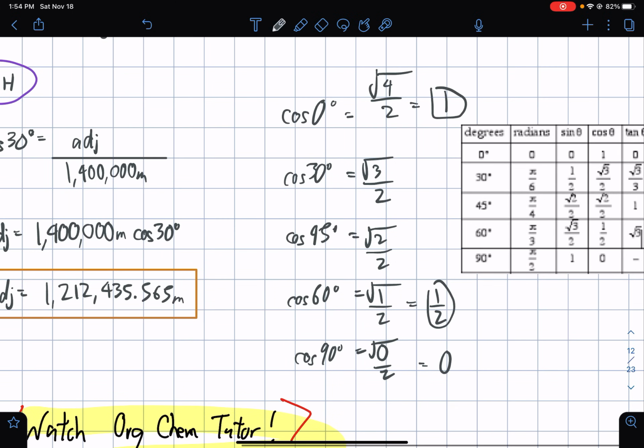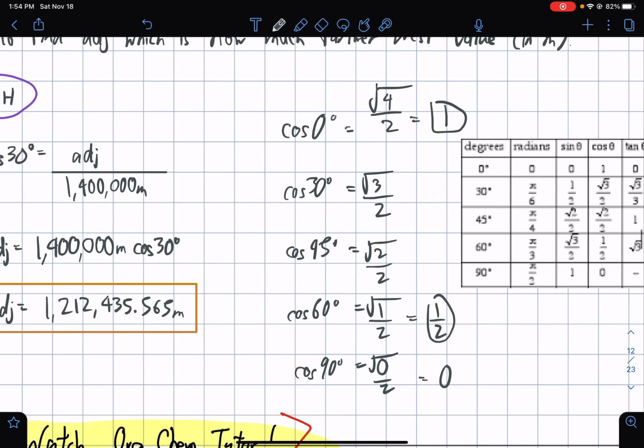So for cosine, as you can see here, the column and the row, cosine 0 is 1. And then next, cosine 30 is square root of 3 over 2, square root of 2 over 2 next, and cosine 60 is 1 over 2, cosine 90 is 0. Magic.